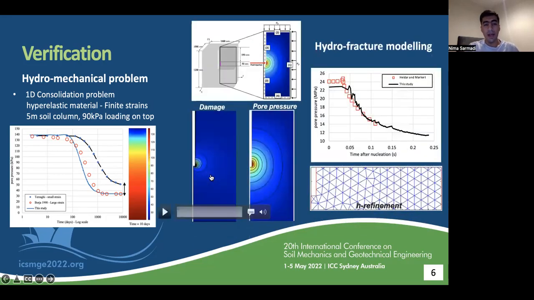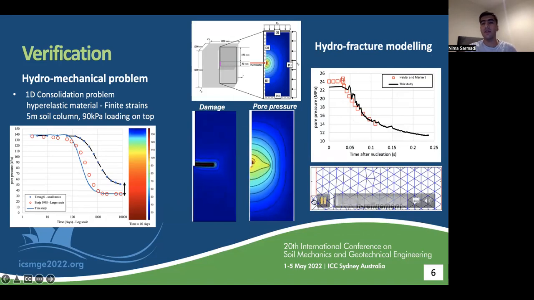After validating our hydromechanical model, we can then simulate fractures. We can also verify our fracture model by comparing the fluid pressure variation in a square domain subjected to fluid injection.